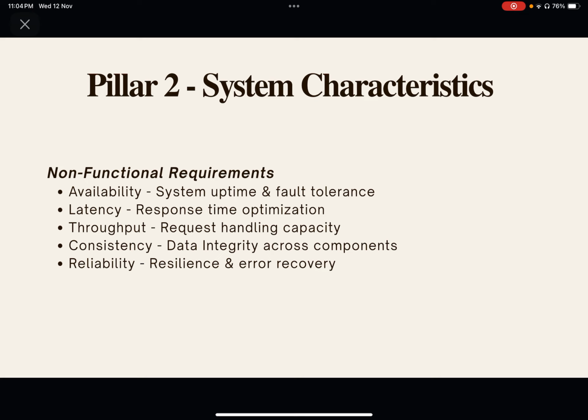Throughput measures the capacity: how many requests can it handle per minute? Consistency ensures data integrity: do all users see the same data? Reliability covers resilience: can your system recover from failures? These characteristics often compete with each other, and understanding these trade-offs is crucial for good design.